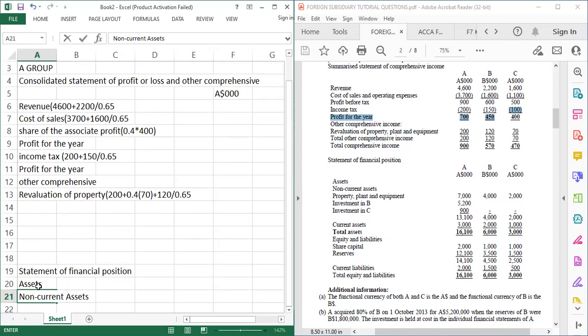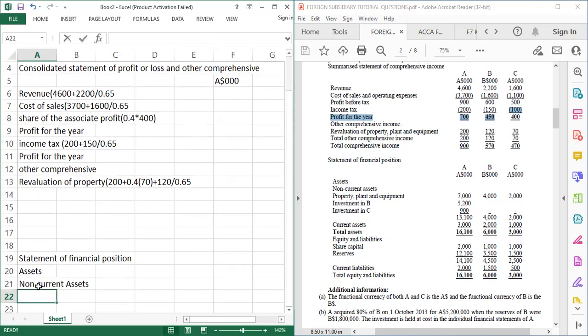The first non-current asset is property, plant, and equipment. We are taking the parent's own, 7,000, plus the subsidiary's own, which is 4,000.